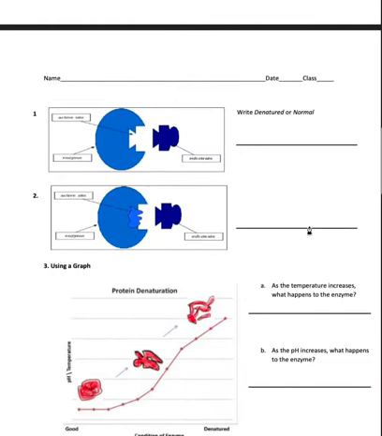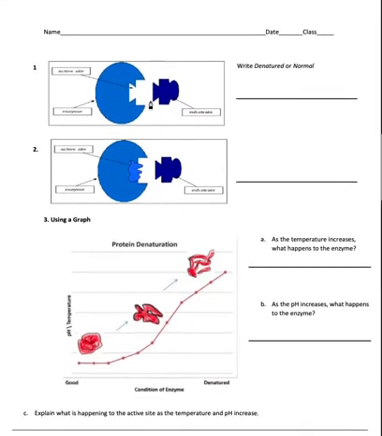Here is another picture of what happens with the active site. You can see that this one is an enzyme and a substrate that are going to fit perfectly, and that chemical reaction is going to happen quicker. It's going to be more of a successful chemical reaction.